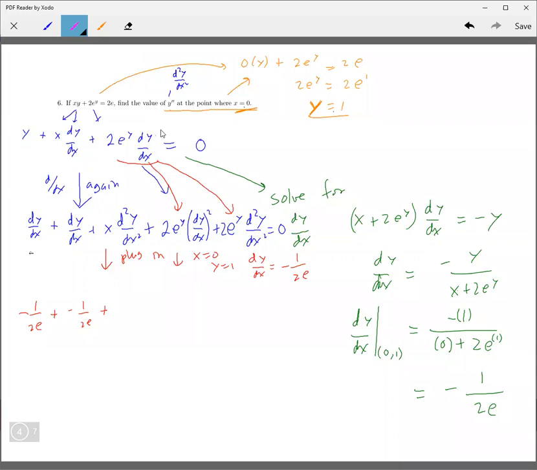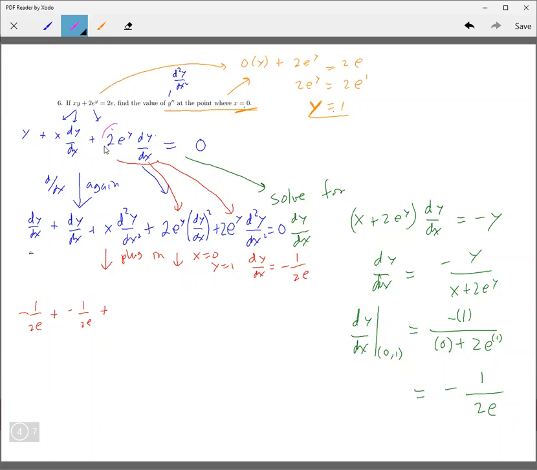For example, with that term x times dy/dx, when we took the derivative, the derivative of x became 1 times dy/dx plus x times the derivative of dy/dx, right? The dy/dx didn't become squared there. So why is it squared for the second part when you're taking the derivative of 2e^y times dy/dx?